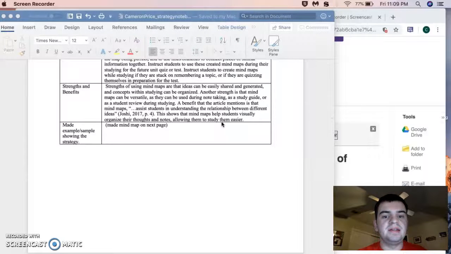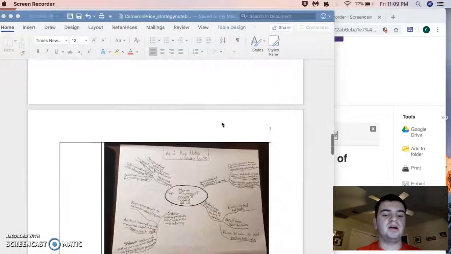One strength is that the concepts can be organized easily through this, which is in the book as one of the good strategies for study skills. And then the article mentions that a good strength of the mind map is that it assists students in understanding the relationship between different ideas. That's where the branches come in. You go from topic to main point to subpoint, so it really just allows them to visually see and understand the relationship of the ideas.